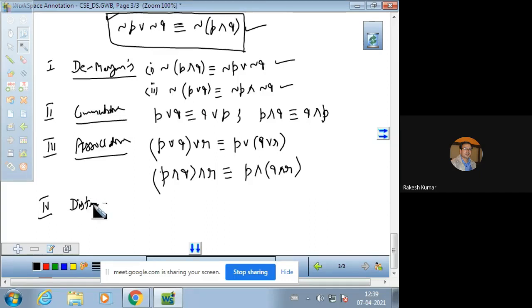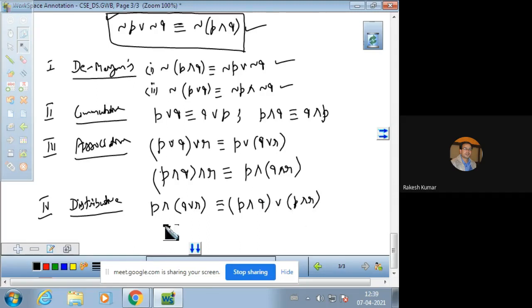Similarly, we shall have distributive properties or distributive laws. The distributive properties are, the symbol will be different. Here is conjunction, but here Q disjunction R is equivalent to P conjunction Q, and that will be disjunction P conjunction R. This is actually a left distributive in case of conjunction.